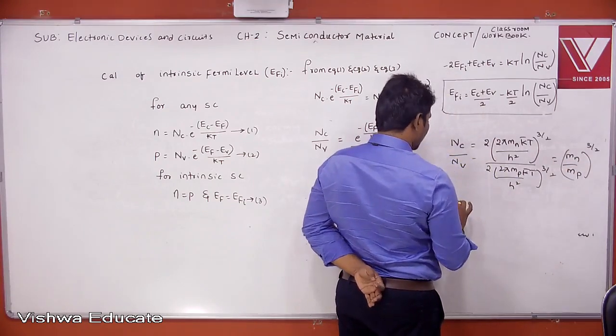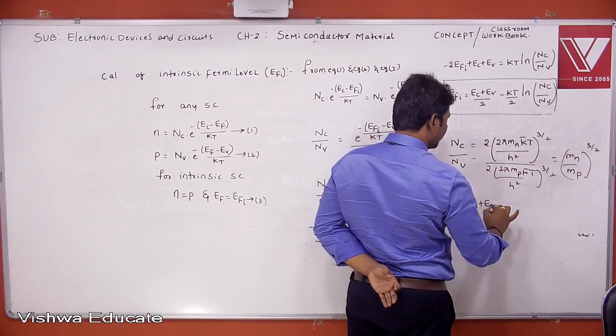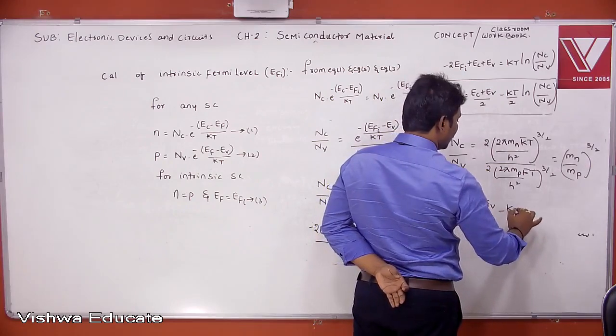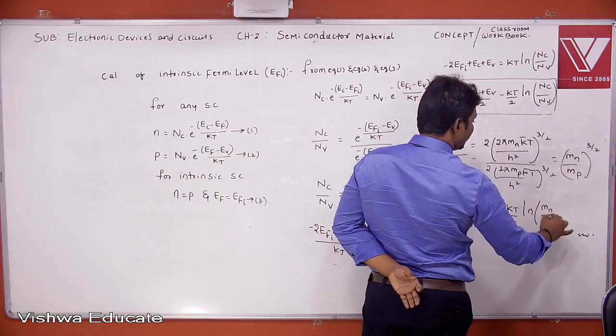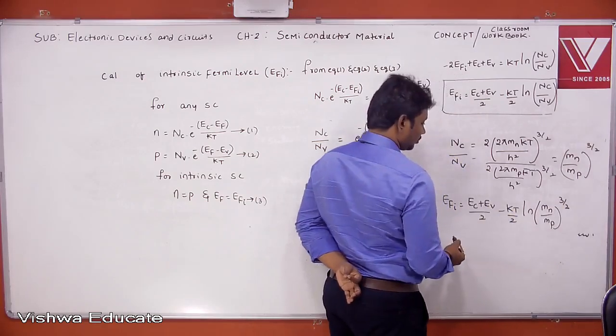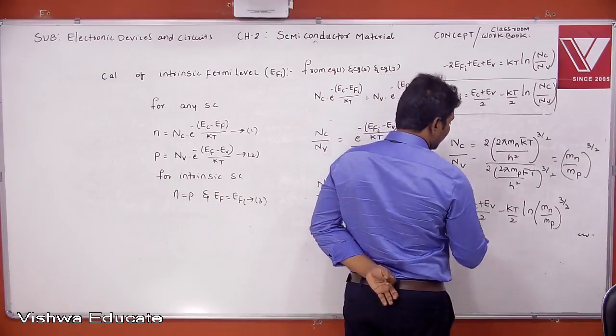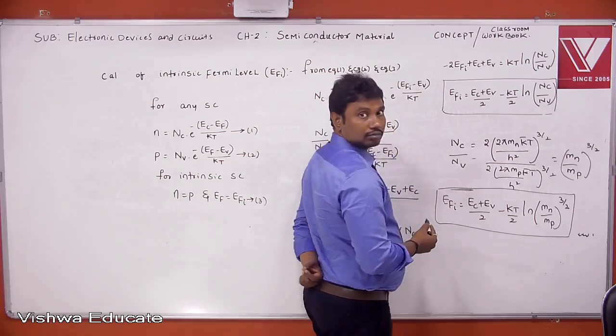Now EFI equals (Ec plus Ev) by 2 minus kT by 2 ln of (mn by mp) whole power 3 by 2. This is the intrinsic Fermi level in terms of effective masses.